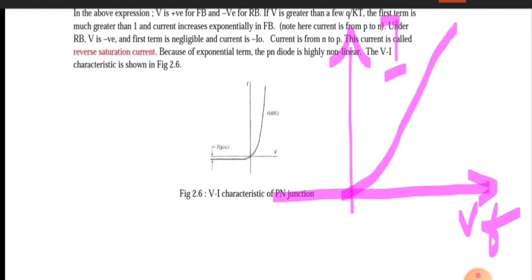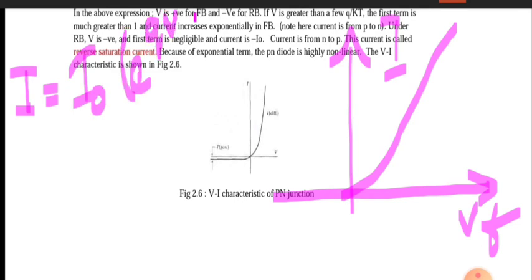Now what will be the case under reverse bias? Under reverse bias, the current I equals I naught into e raised to qV by kT minus 1, where V is a negative voltage. E raised to a negative voltage is very small, so the current will be almost equal to minus I naught.